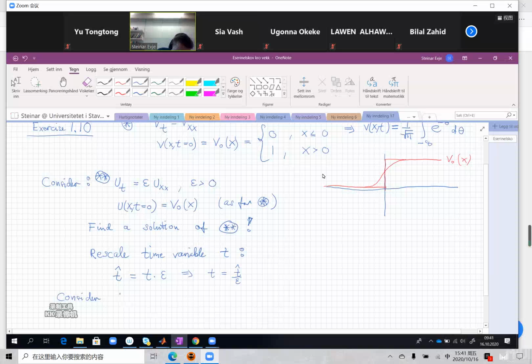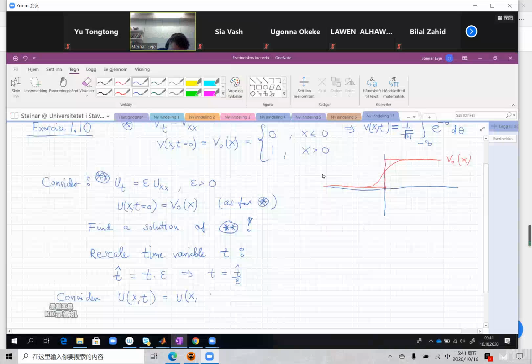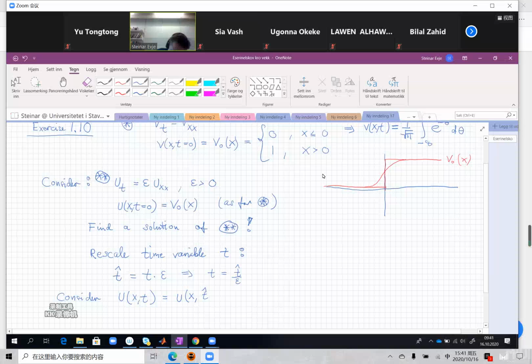We have u(x, t), where u is the solution of double star. That is the same as u(x, t hat over epsilon).